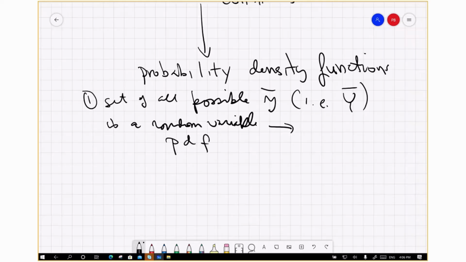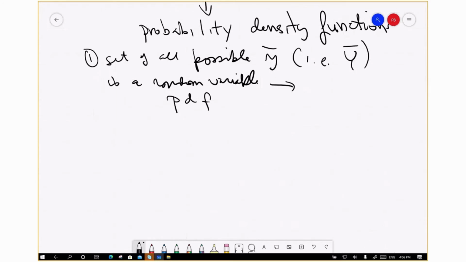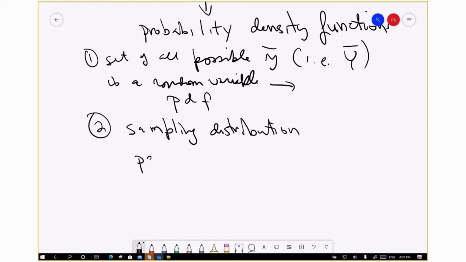But we're going to give a special name to it, and that special name is sampling distribution. Why does it get this special name? Because it's the PDF of a sample statistic.